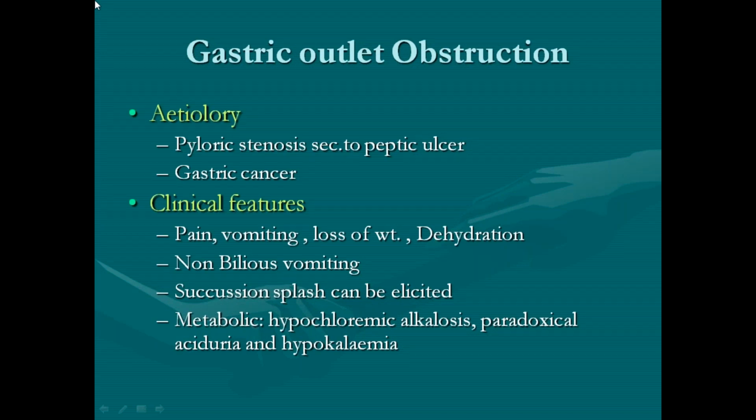Initially, the electrolytes like sodium and potassium will be normal. But as dehydration increases, what happens? In the urine the chloride levels will be low and there will be high amounts of bicarb. See, hypochloremic alkalosis, so the chloride levels will be less and bicarb will be more.